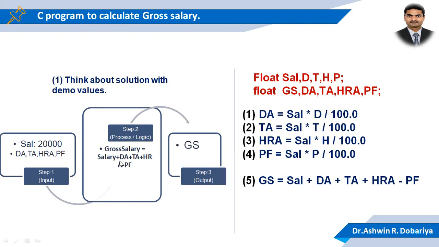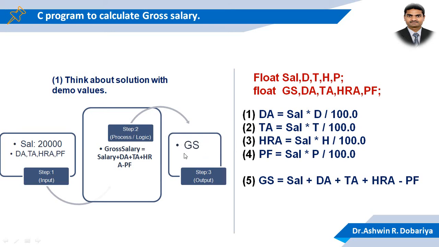Once we input the data, the next step is how we can calculate, or how we can think about the logic. Gross salary is always an addition of salary, DA, TA, HRA, and always a deduction of PF, provident fund, and whatever result is generated is our output, the gross salary GS.